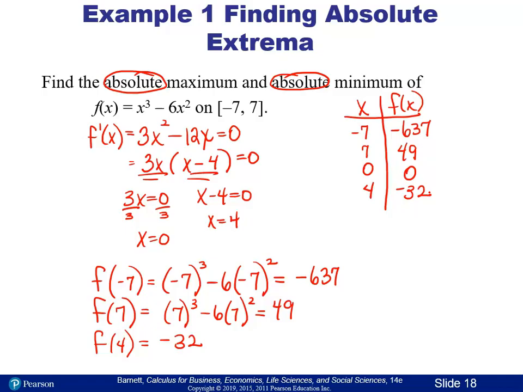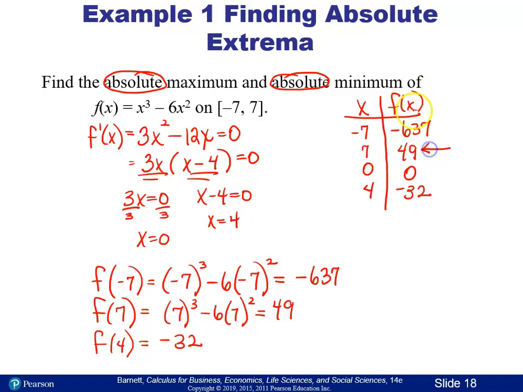Okay, so by the extreme value theorem, we're guaranteed that if our function is continuous on a closed interval, then our absolute maximums and minimums exist, and they're going to be at either the endpoints or the critical numbers. So it has to be some of these values here. We want to just see which value of these is the largest.